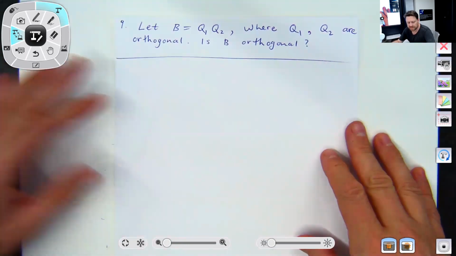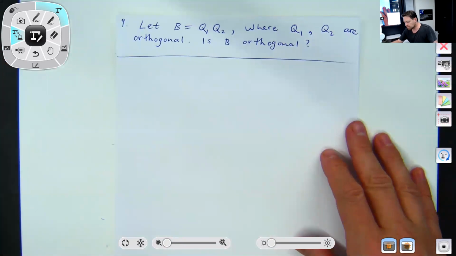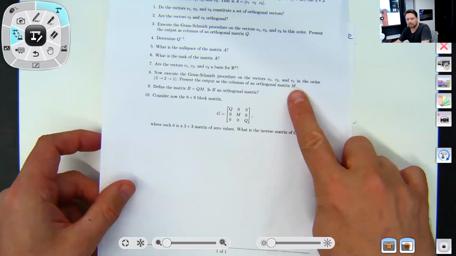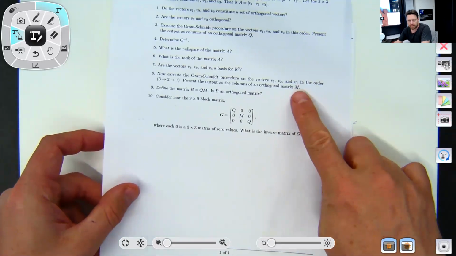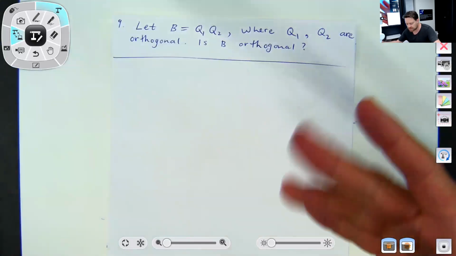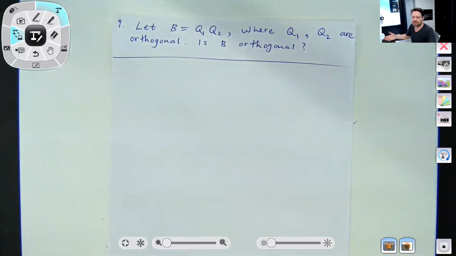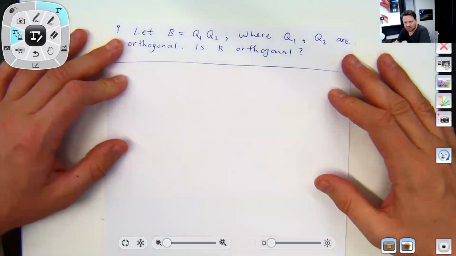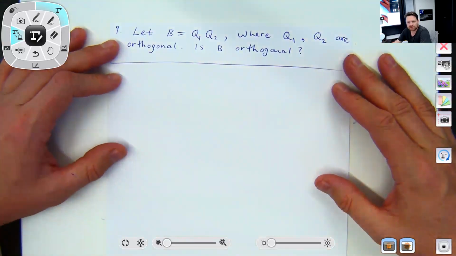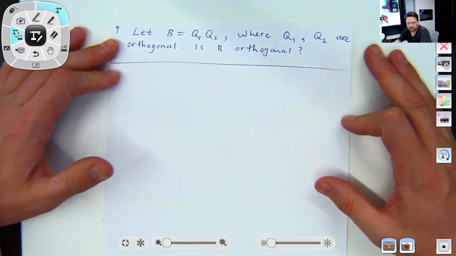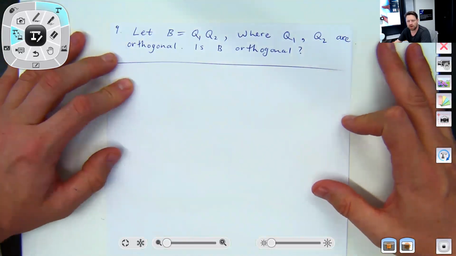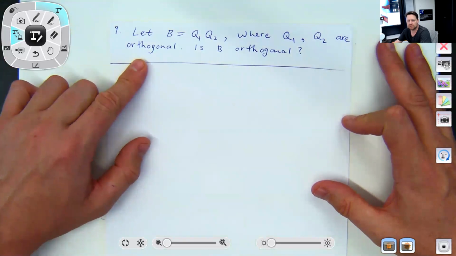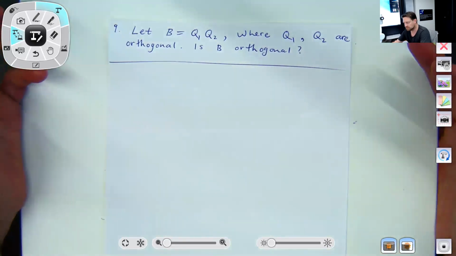Okay, so I've rewritten this a little bit, right? Because here we've got this in the language of M and Q times M, but I just wanted to keep it self-contained here. So it's the very same problem, just different letters. Okay, so I've worded it. Let B equal Q1 times Q2, where Q1 and Q2 are orthogonal matrices. Is this product orthogonal?